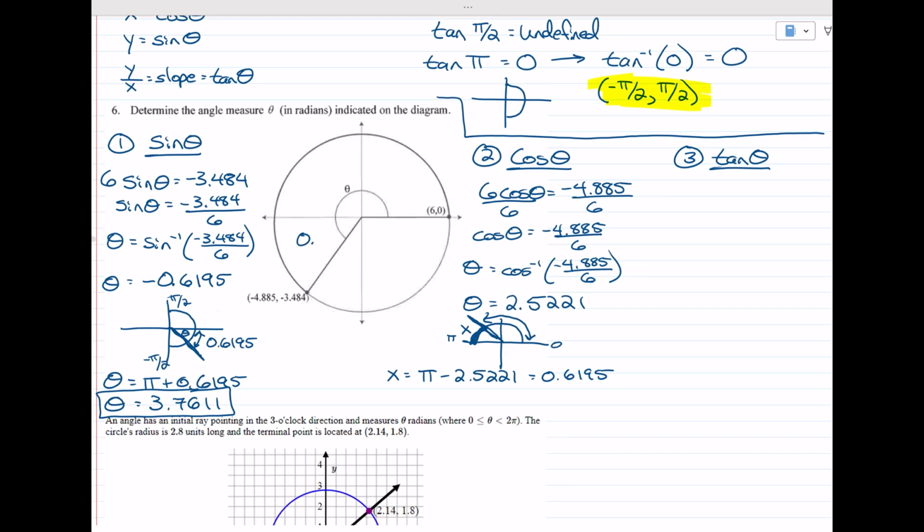So this is 0.6195, and now we're going to add pi to it. So this angle goes from 0 radians to pi, and then plus that extra little piece we just figured out. So it's going to be pi plus that number, which of course is the same thing we got using sine.